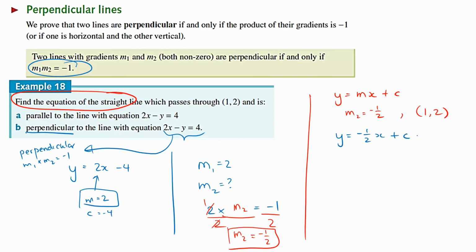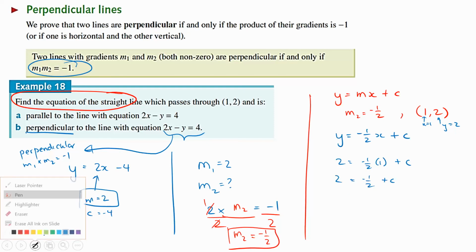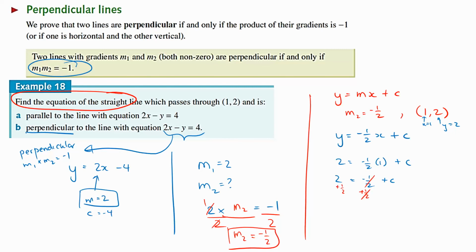You don't know what c is, but you do know when x is 1, y is 2. So we've got 2 equals negative half times 1 plus c. This gives you negative half plus c equals 2. To find out c, we're going to add half on both sides. Negative half plus half cancels out, and 2 plus half is 2.5 or 5 on 2.